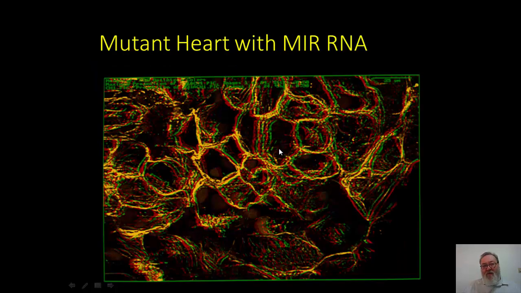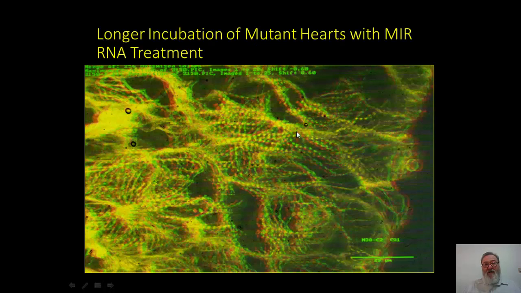If, however, we took mutant heart and added the myofibril-inducing RNA, the MIR, as we call it, we find that after a short period of time, about 48 hours, you start to get myofibrils forming in these mutant cardiac cells, and with continuing development, with longer incubation times, longer treatment in the RNA, these mutant hearts literally turn into normal hearts.